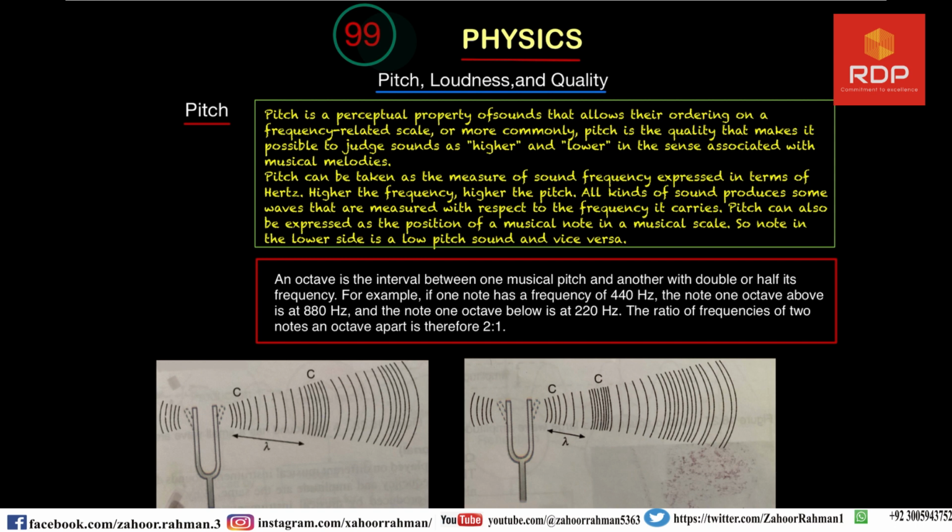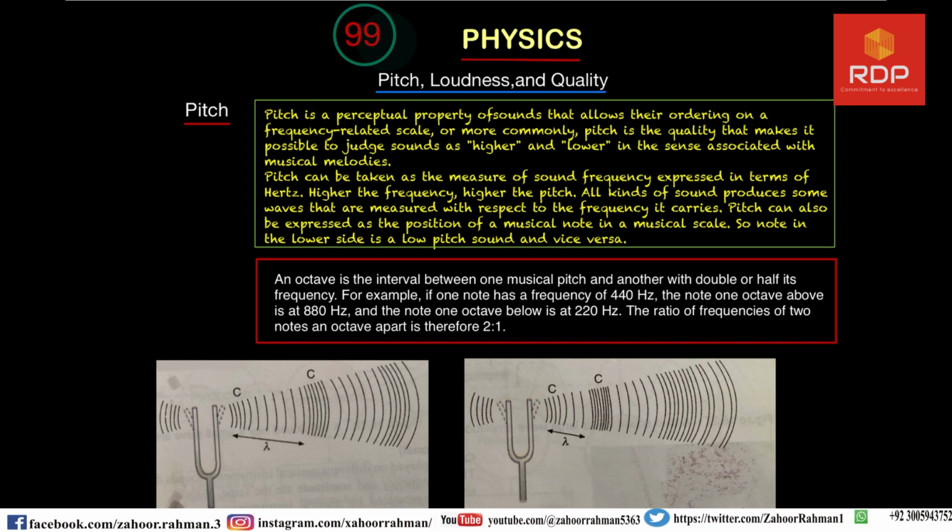And the note 1 octave below is at 220 Hz, which is half of 440 Hz. The ratio of frequencies of two notes an octave apart is therefore 2 to 1.